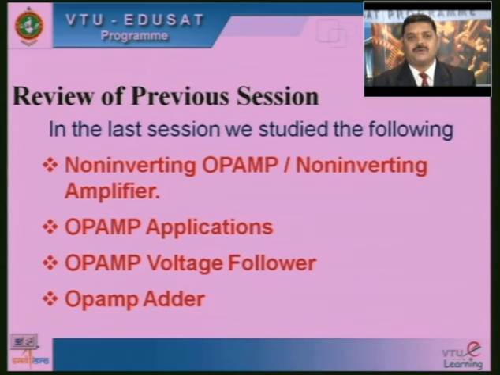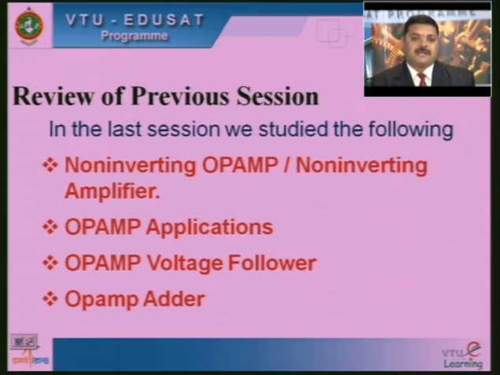Then we touched upon the voltage follower circuit. What is a voltage follower? A voltage follower is an op-amp circuit whose output follows the input voltage. It is also called a buffer circuit because it has very high input impedance and very low output impedance. Any circuit which has very high input impedance and very low output impedance is called a buffer circuit.